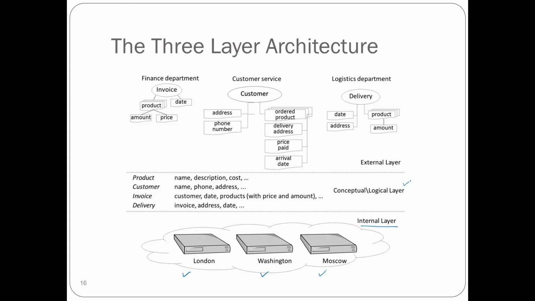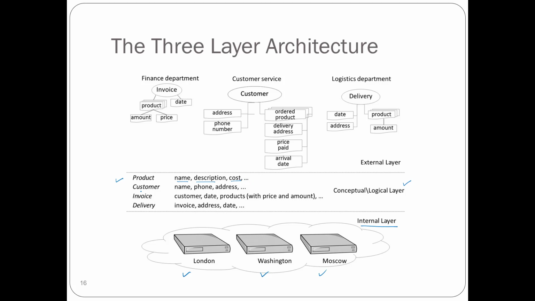And then at the conceptual logical layer, we have the data model, if you remember, or the conceptual approach to the data, where you think of the data being stored for product, customer, invoice, and delivery. For product, you have information like product name, product description, the cost of the product.